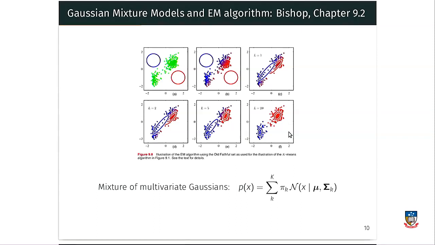Then the pi here is the weight applied to the cluster. So not all clusters are equal. They're created equal to start with, but as the algorithm progresses, we might put more weight on one or the other, depending on how many of the data points they explain. Okay, so we're going to iteratively update the weights of each cluster, and then on the other side of the iteration, we'll update the mean and covariance matrices.